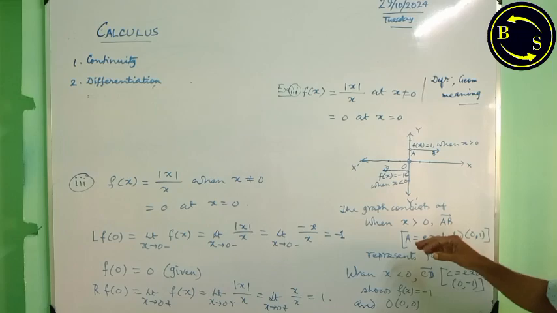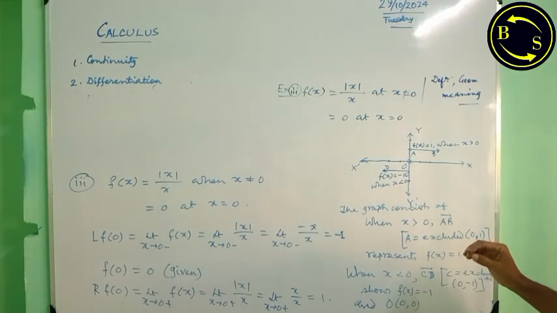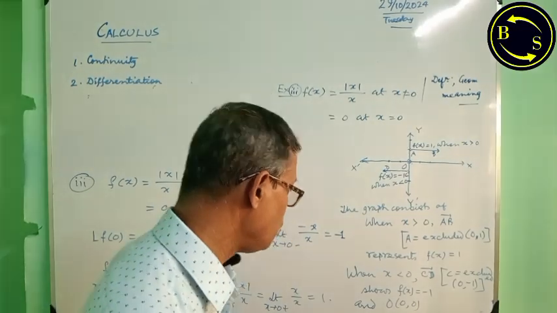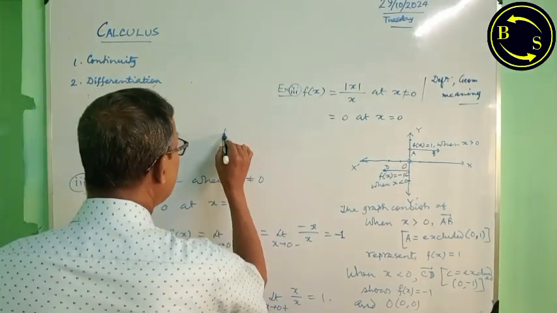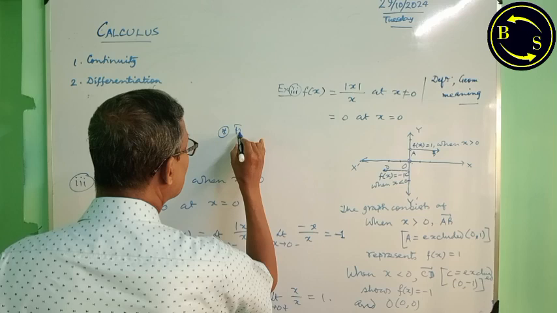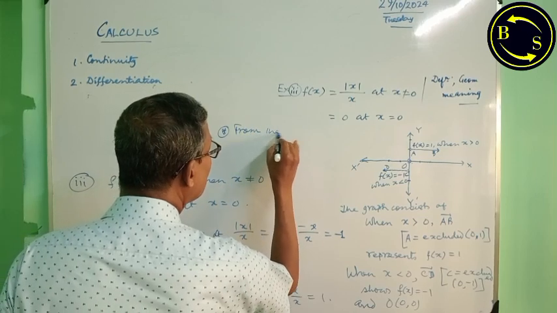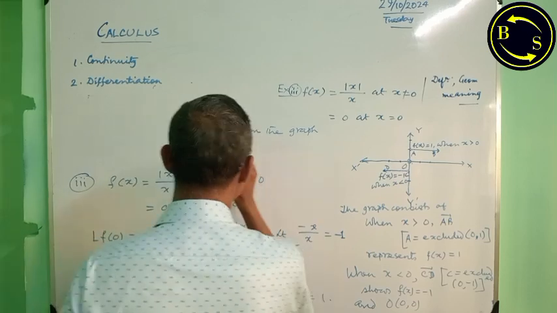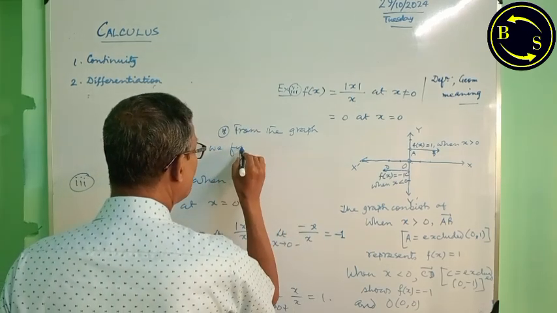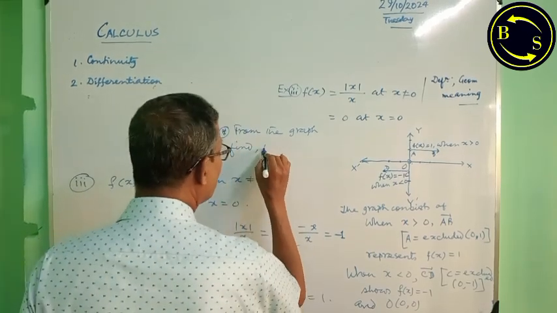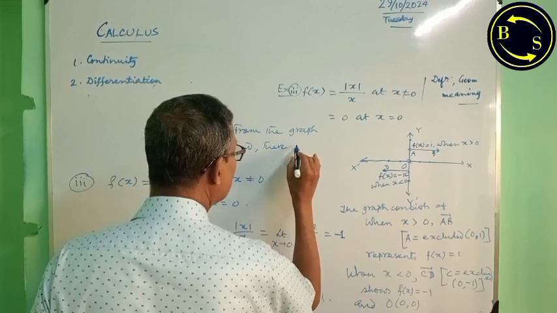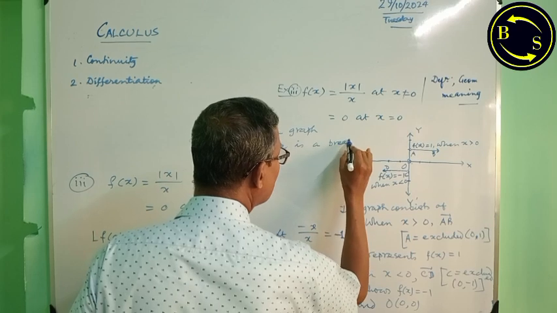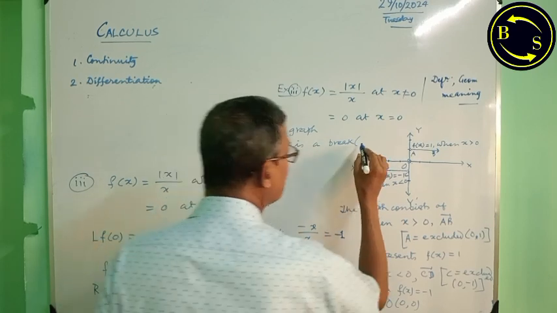From the graph, it is understood that the function f(x) is discontinuous at x equal to 0. The comment will be: from the graph we find there is a break, or you can use the term gap.